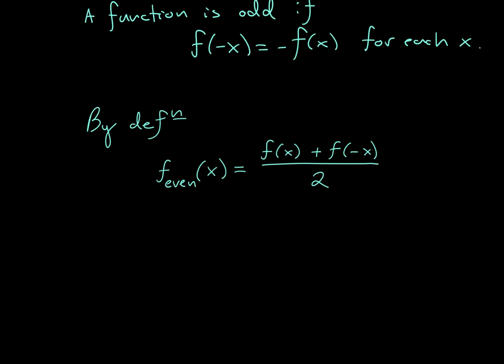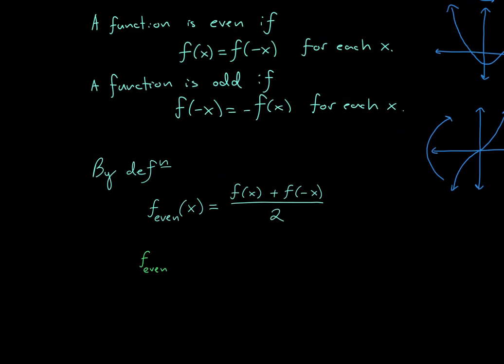Notice this. F of negative x, excuse me, f even of negative x. If it's going to be well named, then by definition of even, when I evaluate this, it should just give me f even of x at the end. So let's see what this equals.